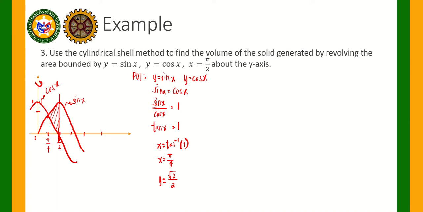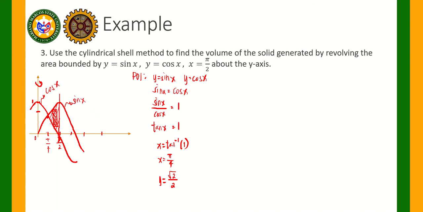Since y-axis is our axis of rotation, we are going to have a vertical strip. Okay, so dx tayo. So, our limit is, what is our limit? So, yung limit natin is pi over 4 and pi over 2. So, yun yung x values natin.